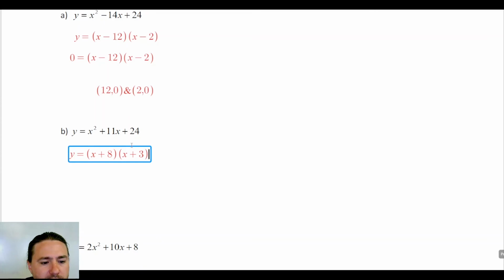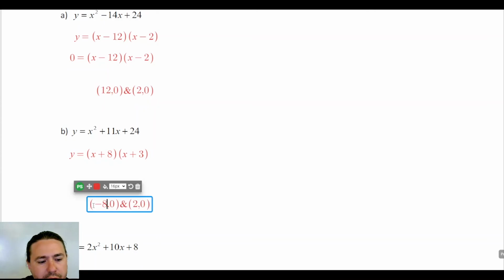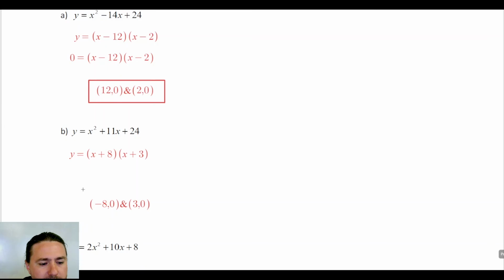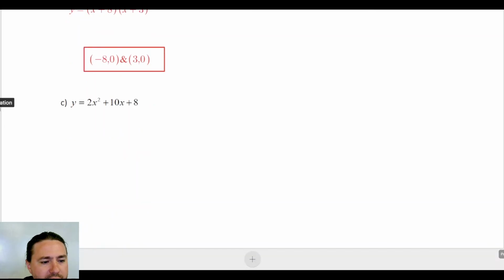All right, so my 2 x-intercepts here are going to be -8 and -3. And finally, if I factor this one, okay, so this is one where we're going to have to factor by grouping.